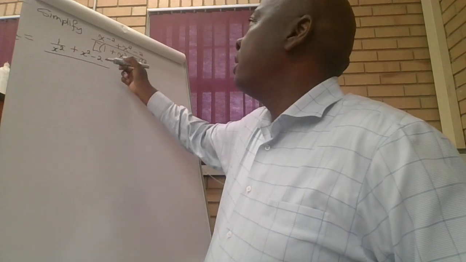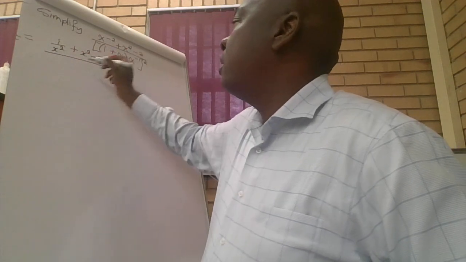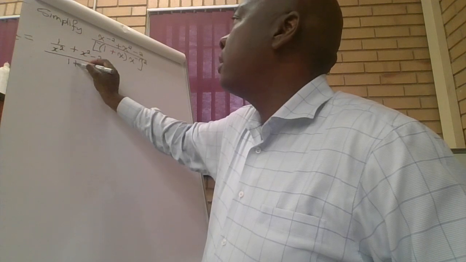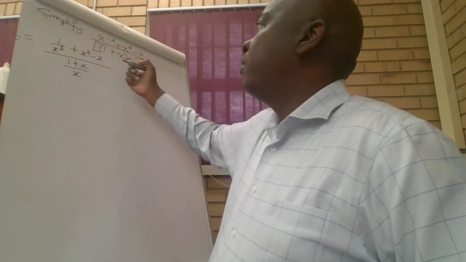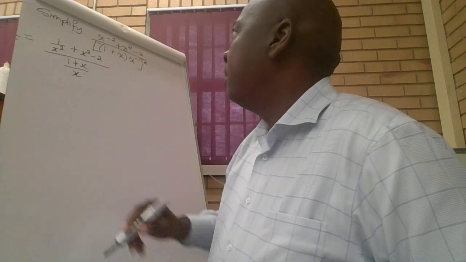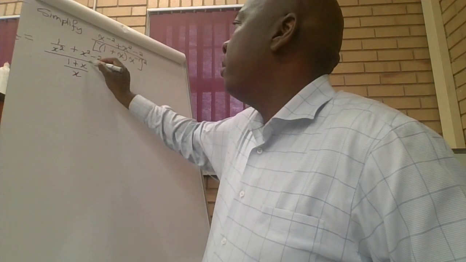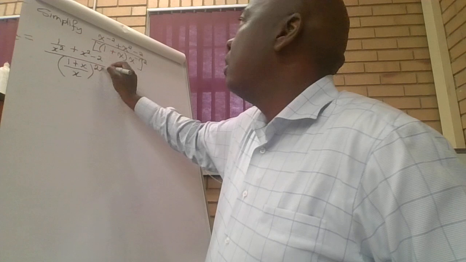And in the denominator also, I could express this as 1 plus x over x, since x to the negative 1 can become the denominator there. And all this, remember, is being squared.